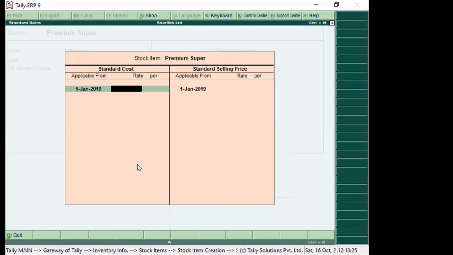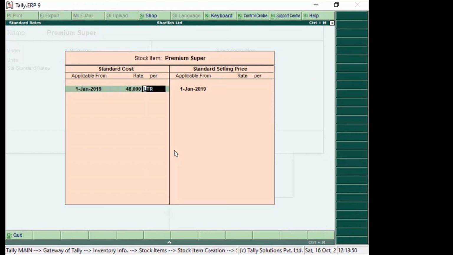When you enter again, they will ask for the rate, and the rate is, I think the unit cost, 48,000. So we are putting 48,000 like that.